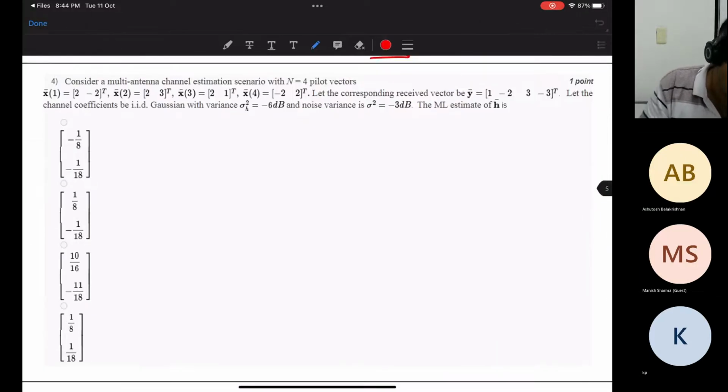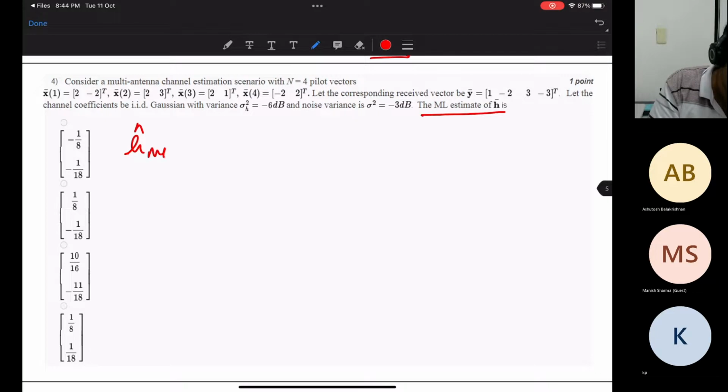Question 4. Now this question is similar to the previous one, a build-up, and we need to find the ML estimate of H. It is again straightforward. The ML estimate of H we did long back, which was the Moore-Penrose pseudo inverse, if you remember.